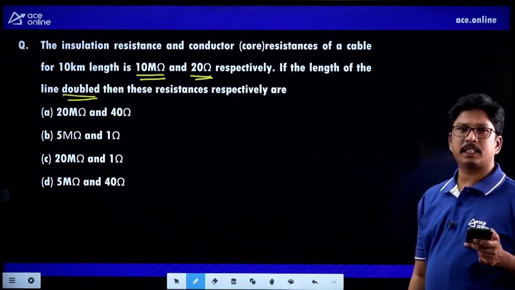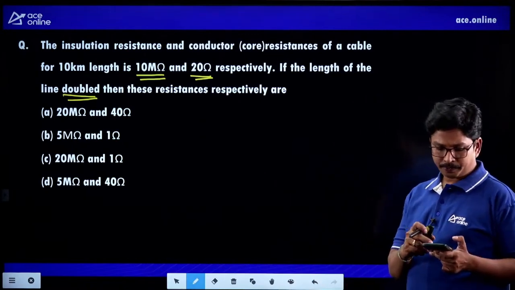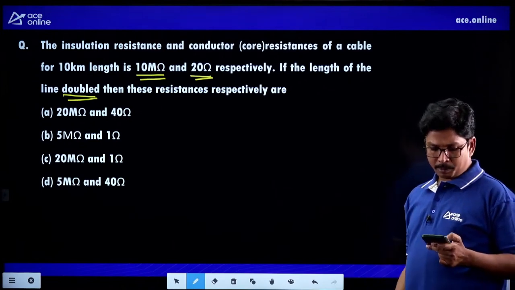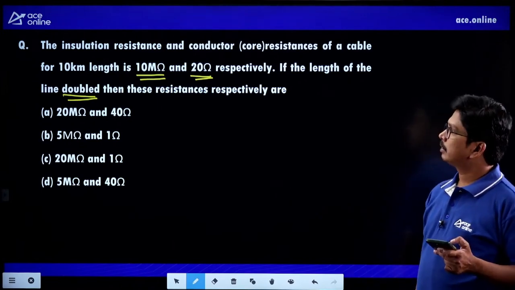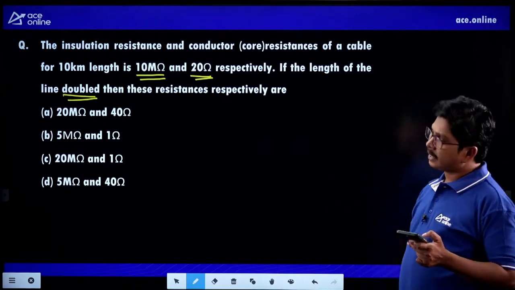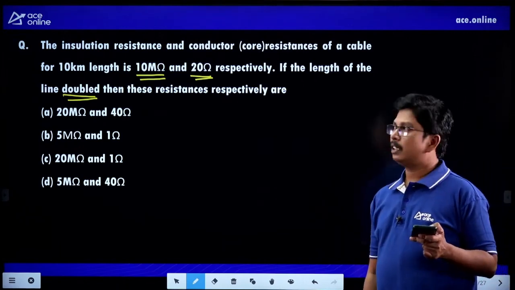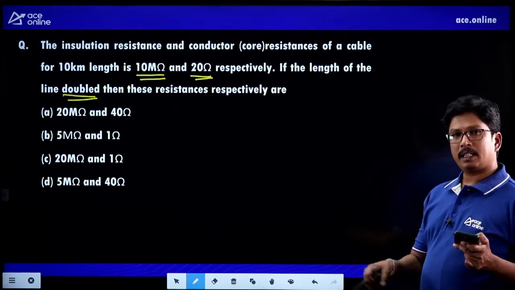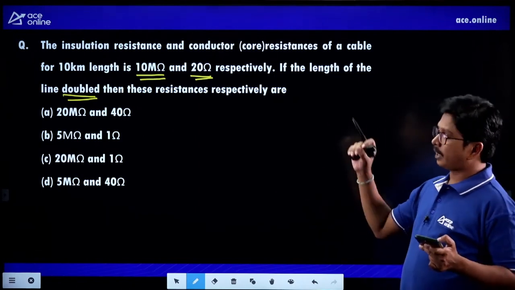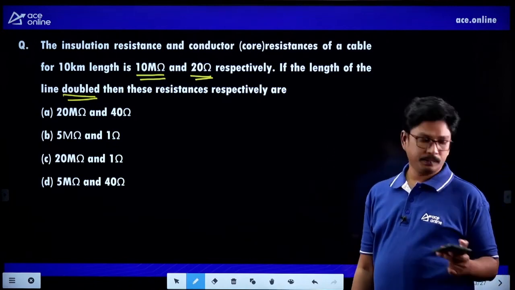What about the values of these resistances? Tell me the answer for this question. The insulation resistance is given as 10 mega ohm and the conductor resistance is given as 20 ohm. When line length is doubled, what happens to the insulation resistance and conductor resistance?